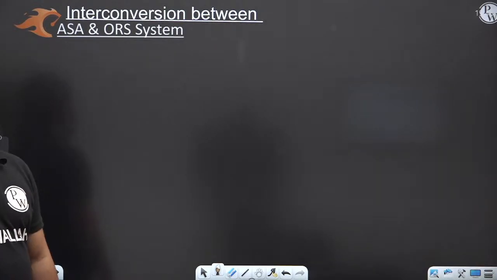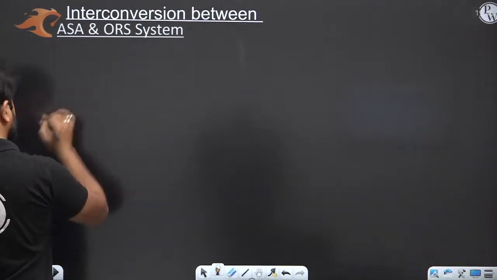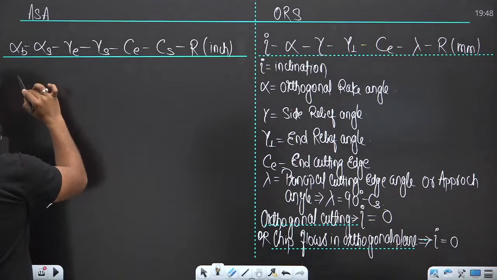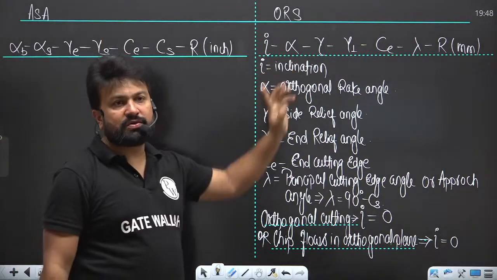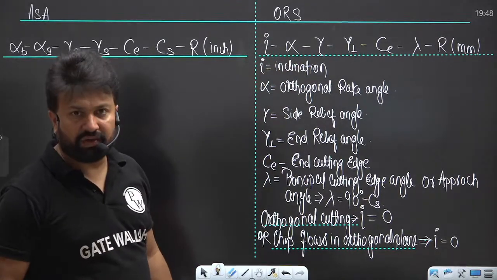Interconversion between ASA and ORS. I can't do the analysis directly, so I have to convert back rake angle and side rake angle into the orthogonal rake angle. How can I convert?